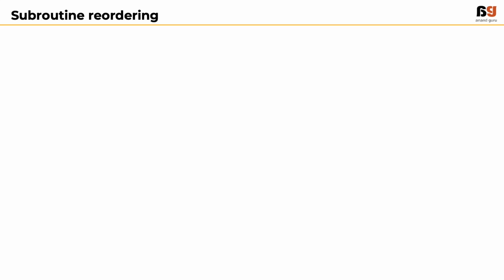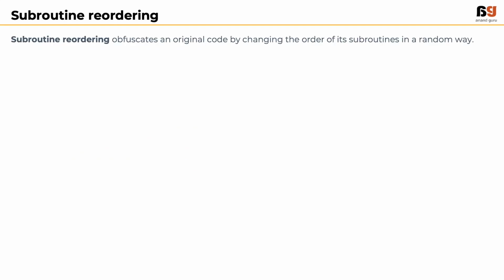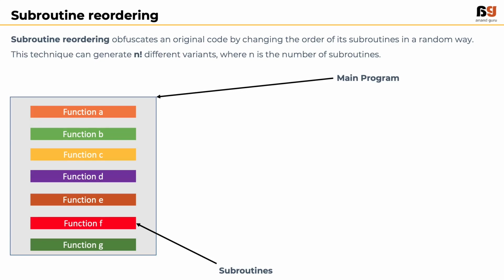Next, we have a technique called subroutine reordering. A subroutine is a part of a program that does a specific task. It is sometimes referred to as a function. In the subroutine reordering method, the malware author just changes the order in which the functions are written, thereby changing the file hash. Consider an example where a program has 7 subroutines.